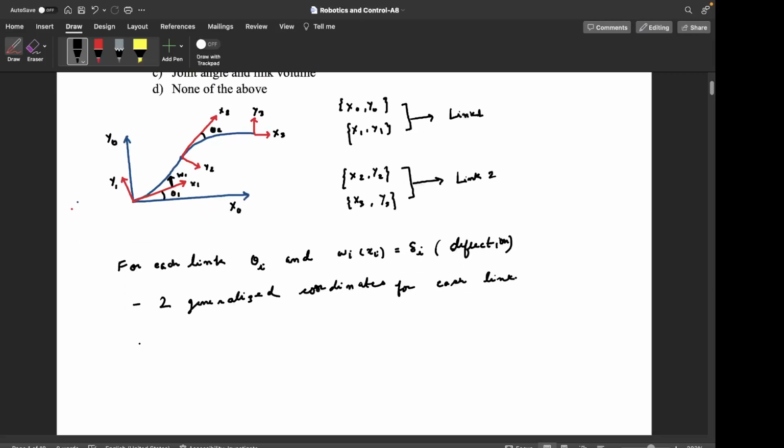And as I told, the deflection in the ith link varies according to the position of the point of interest. xi is the position of the point of interest where we want to compute the deflection.